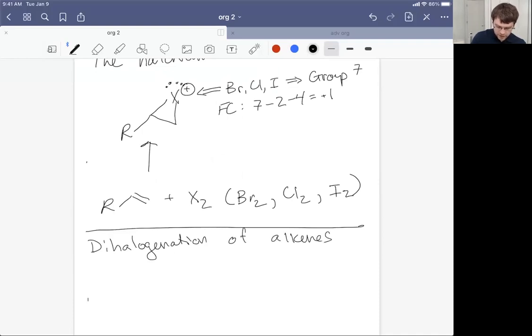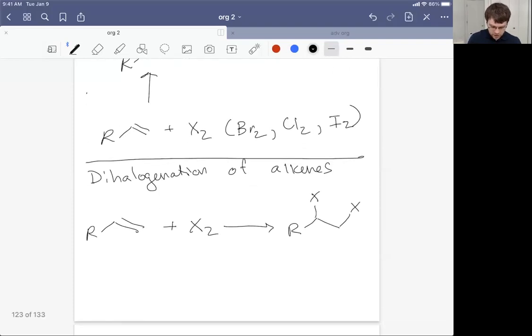The dihalogenation of alkenes is where we take an alkene and add to it X2, and we get out R with X's on either side. So how does this reaction proceed?